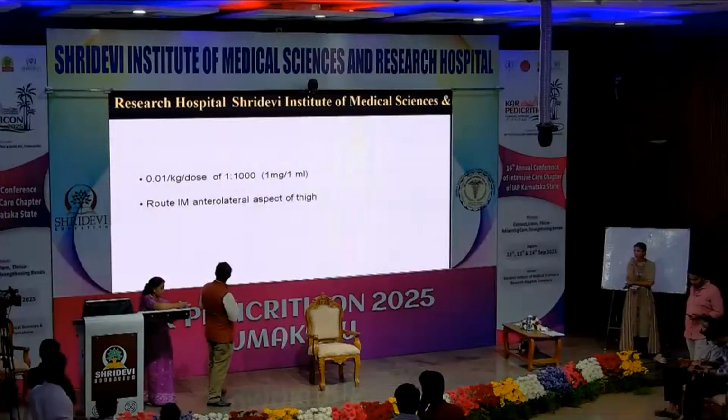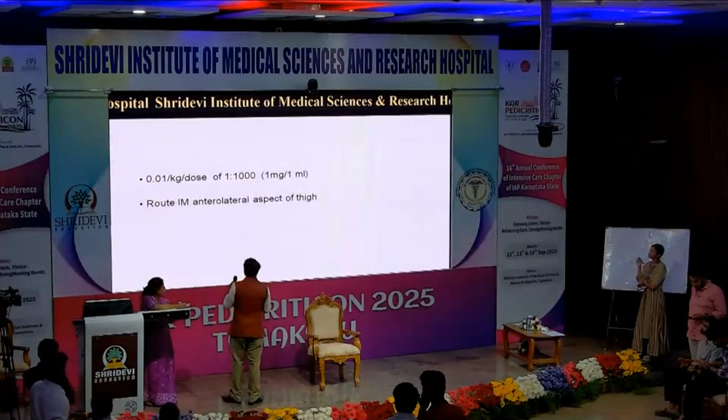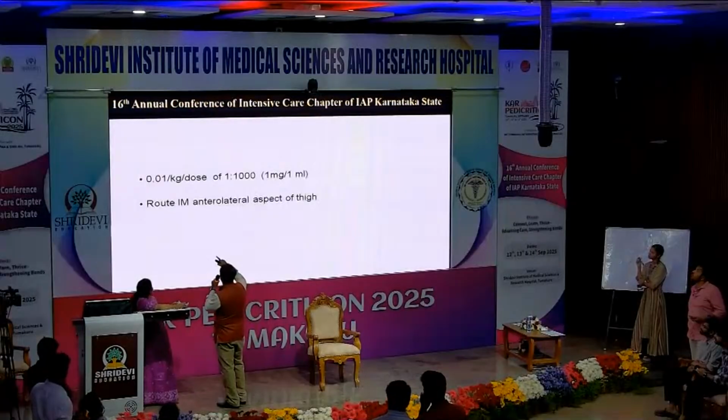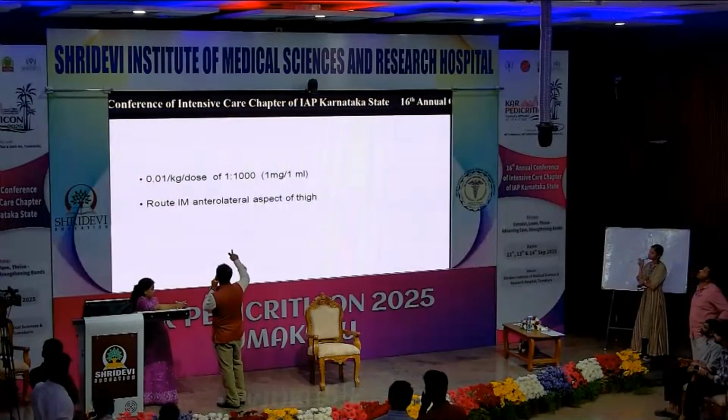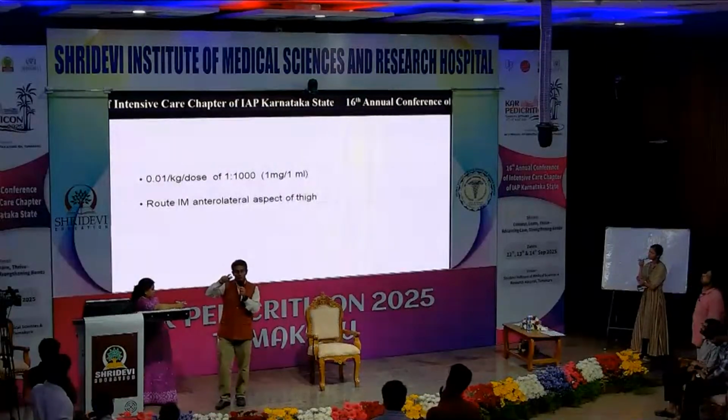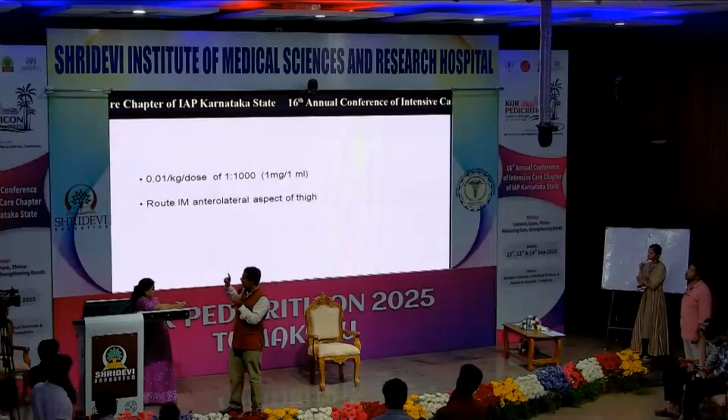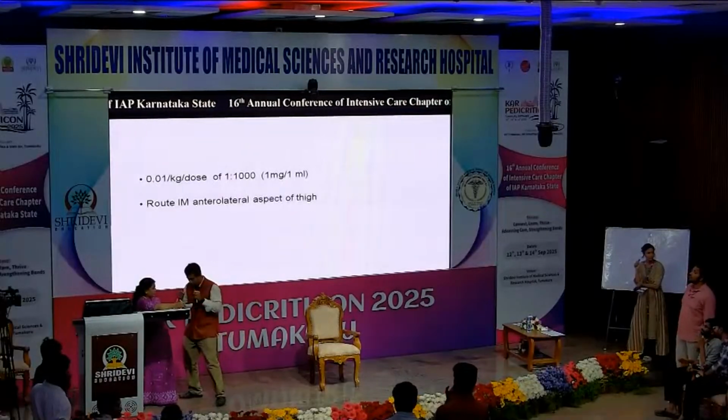The answer is 0.01 ml per kg of 1 in 1000, which is 1 mg per 1 ml strength. So I don't think anybody has written this correctly.